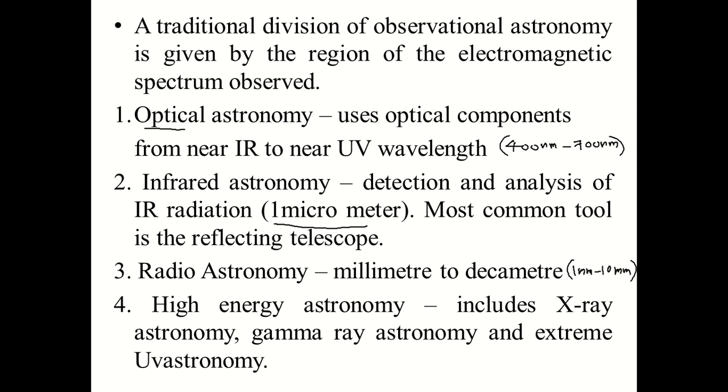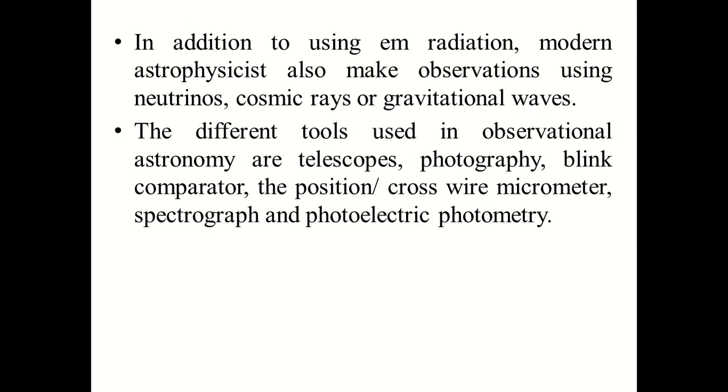High energy astronomy includes the detection and analysis of high energy radiation like X-ray, gamma ray, and extreme UV. In addition to using electromagnetic radiation, modern astrophysics can also make observations using neutrinos, cosmic rays, or gravitational waves.